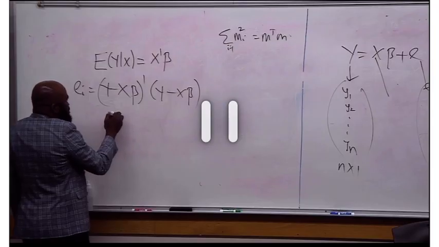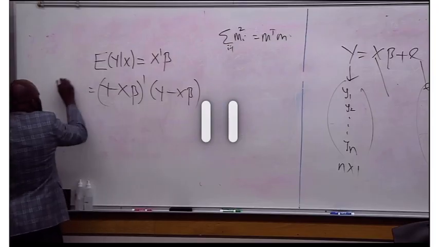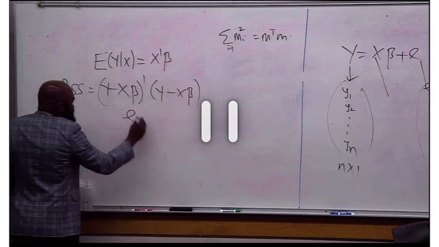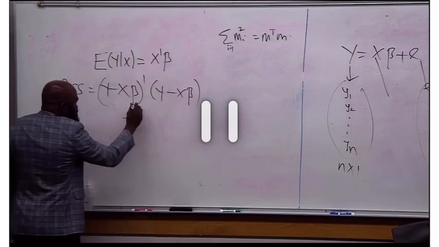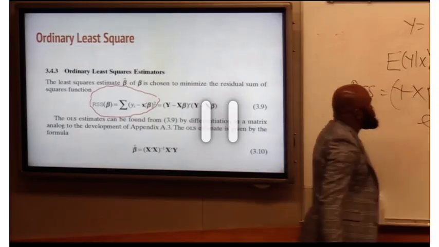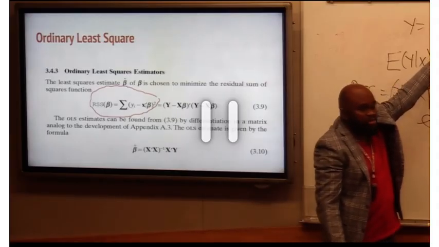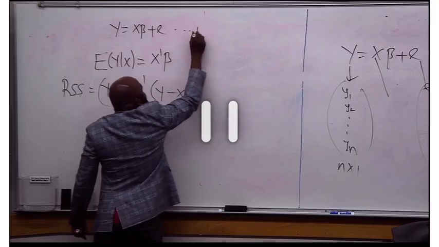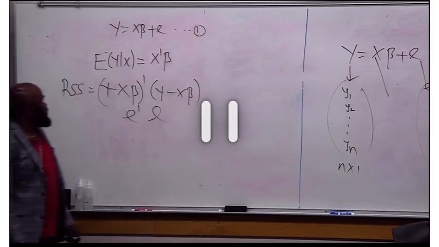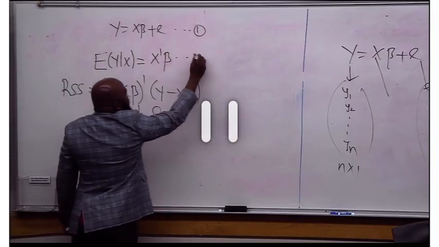If you take a look from here, y equals x beta plus the error. If I call this equation 1, and take the expectation of both sides, I have equation 2. If I want to solve for the error in equation 1, my error is going to be y minus that.